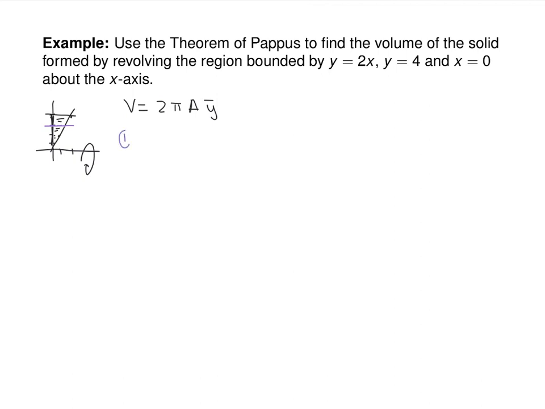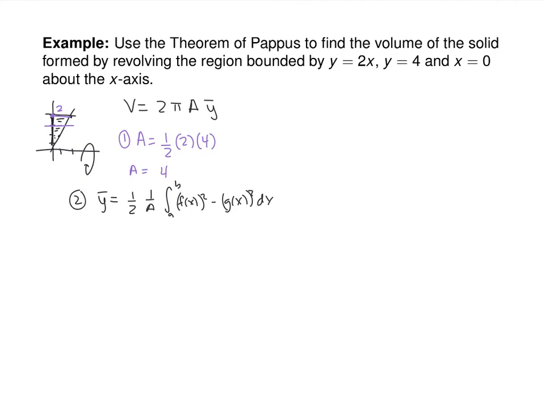So first let's find the area. Well, we have a triangle. 1/2, base is 2, height is 4, so the area is 4. Now we need to find y bar. Well, that will be 1/2 times 1 over A, integral from a to b, f of x squared minus g of x squared.